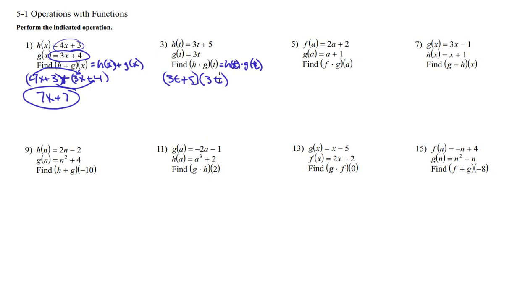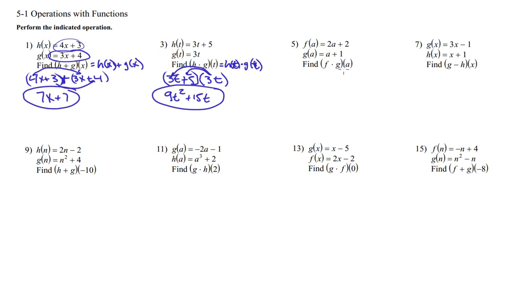Okay? So now that we're multiplying, we've got to multiply this by both of these over here. So 3 times 3 is 9. t times t is t squared. 3 times 5 is 15. And t times no other t is just plain old t, and that's what we end up getting.